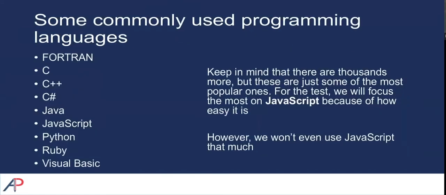Some commonly used programming languages: we have Python that you guys learned. I know a lot of you are learning JavaScript. If you're going to take AP Computer Science A, you will be learning Java. Some of you probably already learned C#. C++ is my personal favorite. It is more of a lower level language as opposed to a higher level language.